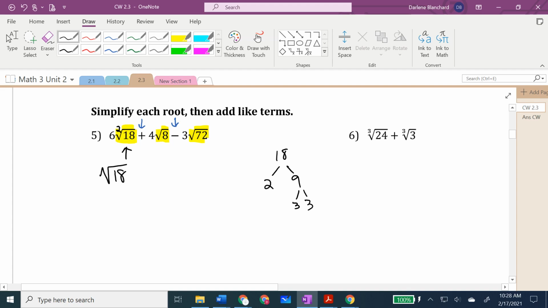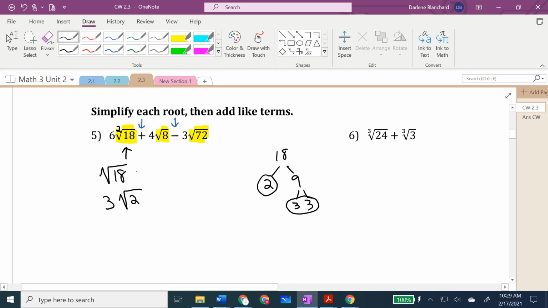The square root of 18 is equal to an entire square root of 9 brings a 3 out. And then this 2 is not able to have its square root taken nicely, so it's stuck under that radical symbol.